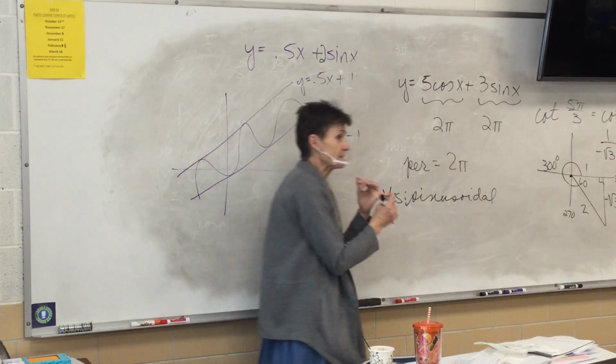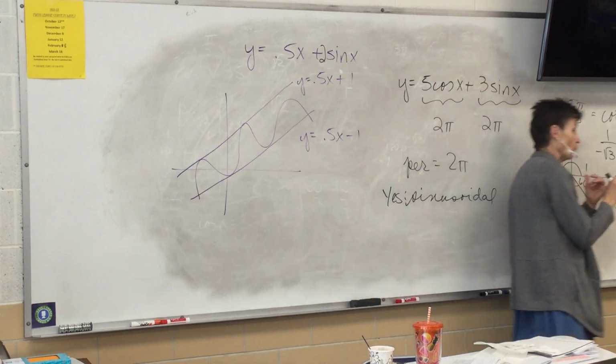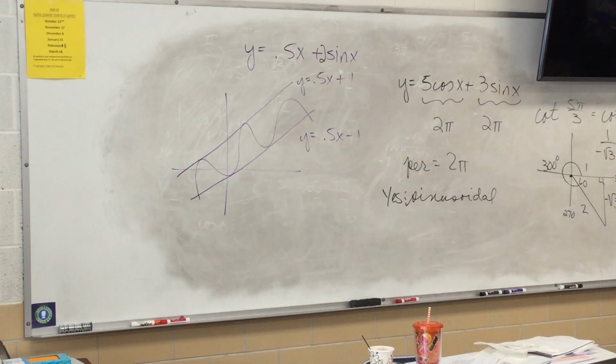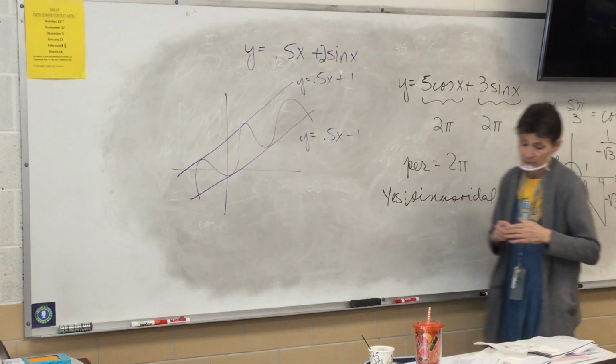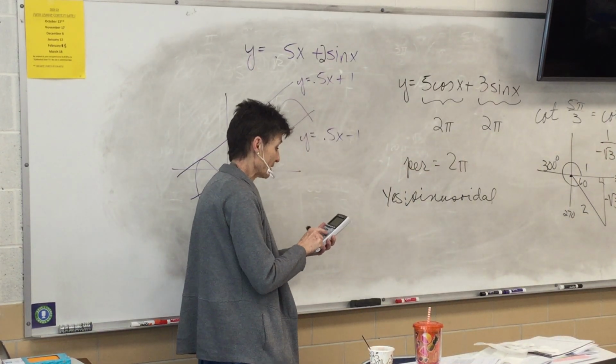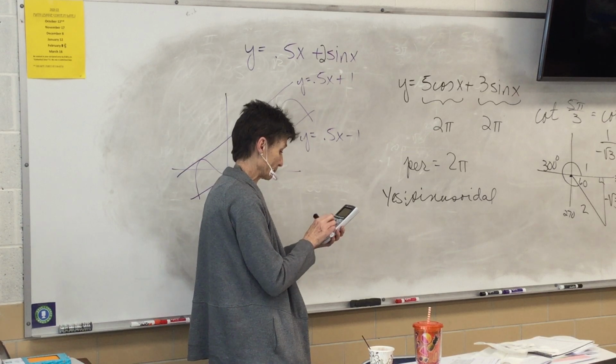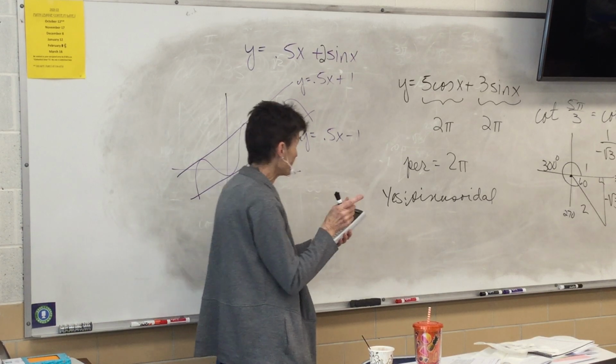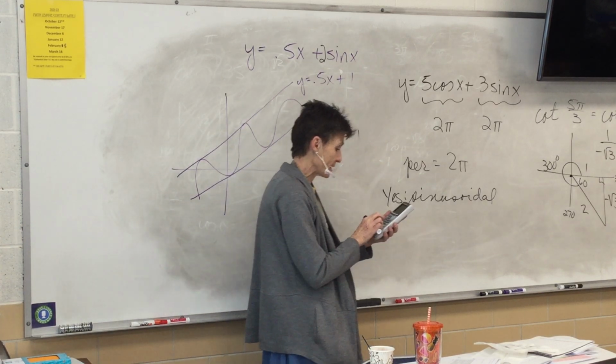So something is sinusoidal when the periods of all of its pieces match. Now, I want you to graph it on your calculator and get a feel for what this looks like. Don't forget to close the parentheses after the x.